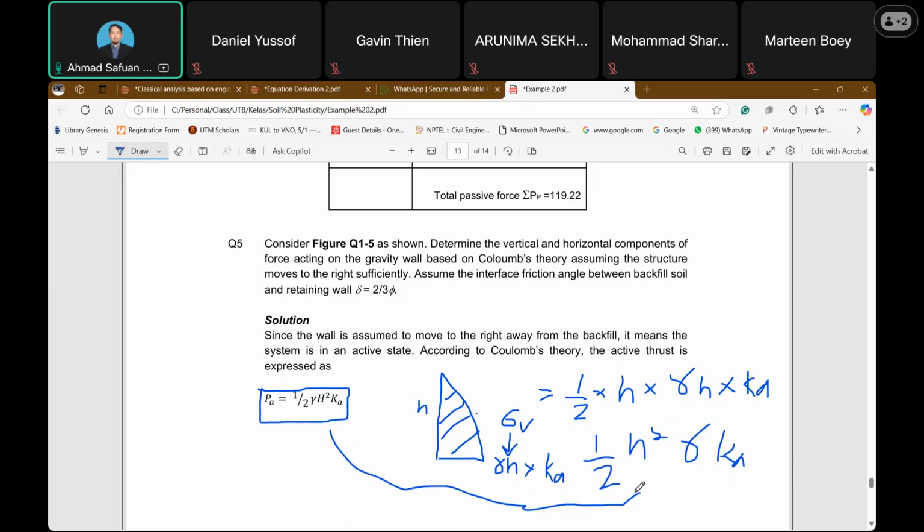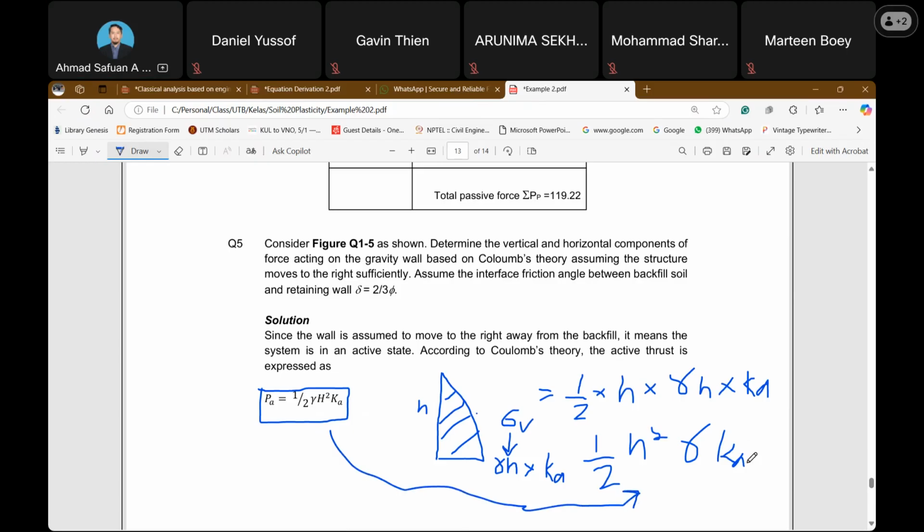This can only be used if we deal with a single type of soil. For multi-layer soil, we cannot use this approach. We need to count based on the C and phi.